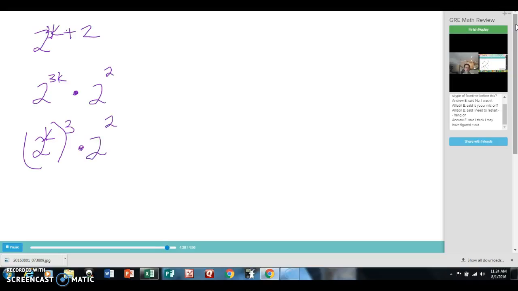Since 2 to the k is 3, it's the same thing as saying 3 cubed times 2 squared. So that's 27 times 4. So then that would be 108, I think.